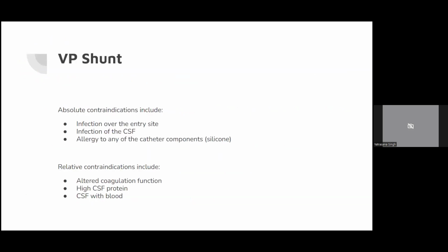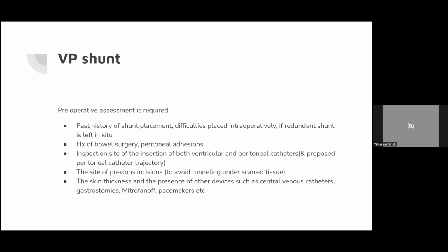Absolute contraindications to VP shunts include infection over the entry site, infection of the cerebrospinal fluid, allergy to any of the catheter components such as silicone, and relative contraindications include altered coagulation function, a high CSF protein, and CSF with blood. Pre-op assessment is required.